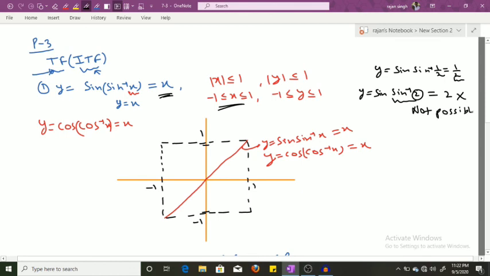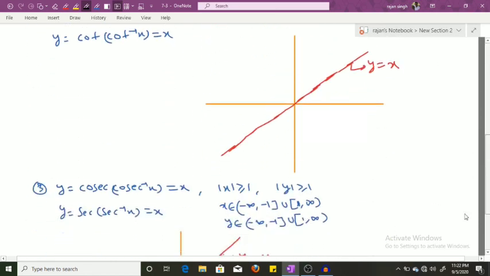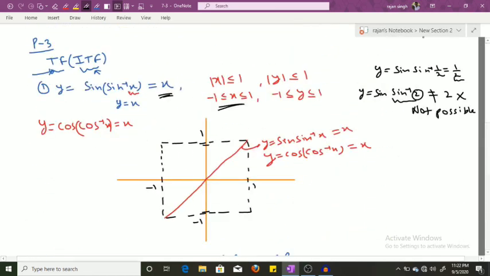This question is wrong. There is nothing like 2 or -2. The same goes for these things also. Sometimes examiners do these kinds of things. All right, so we saw 3 properties, very basic.